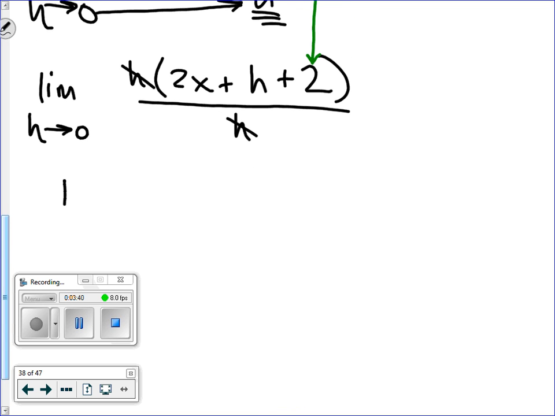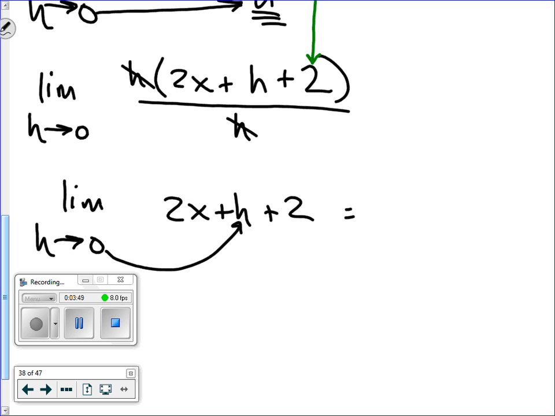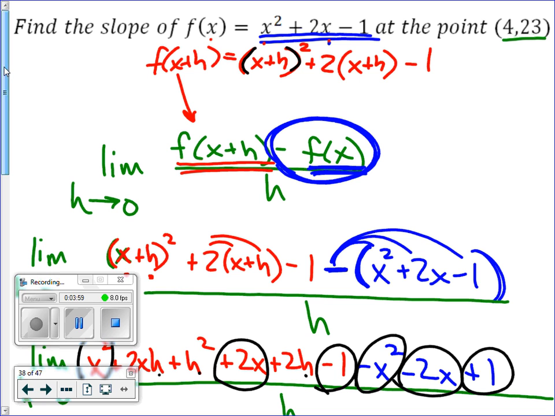And we have the limit as h approaches 0 of 2x plus h plus 2. The 0 comes in, we get 2x plus 2. That's our derivative. That's the formula. But we still have to plug in, what was it?